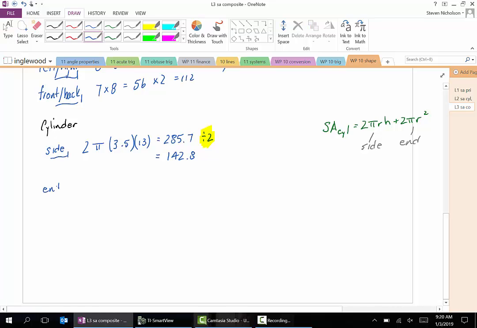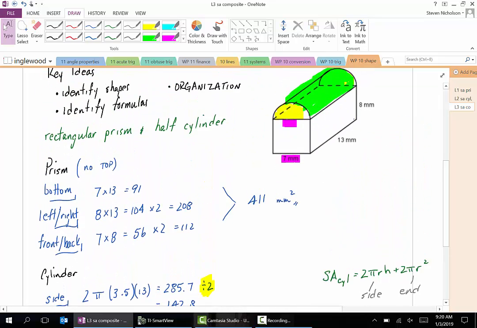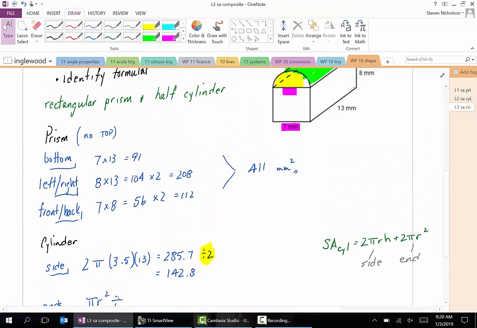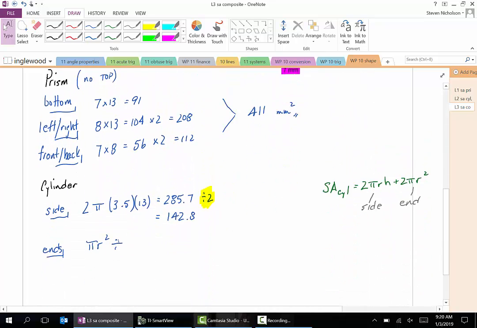Now we want to do the ends. So in doing the ends, again, the formula would be pi r squared, right? For one of the ends, but then we'd have to divide that by 2 because we don't have a circle. We only have half a circle.